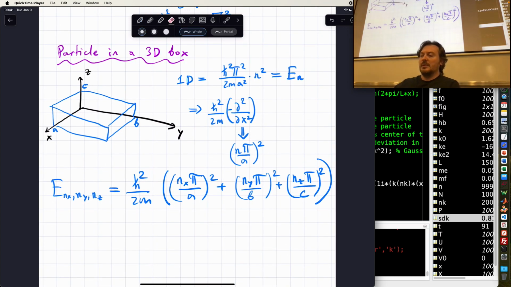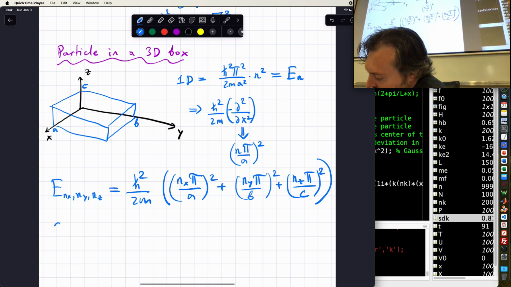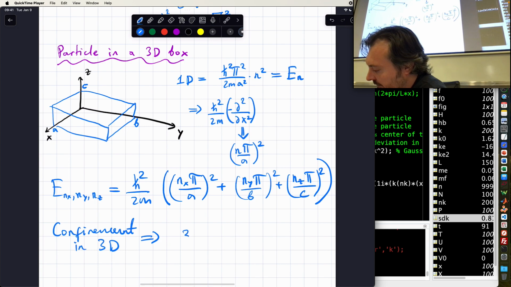So confinement in 3D leads to three quantum numbers.